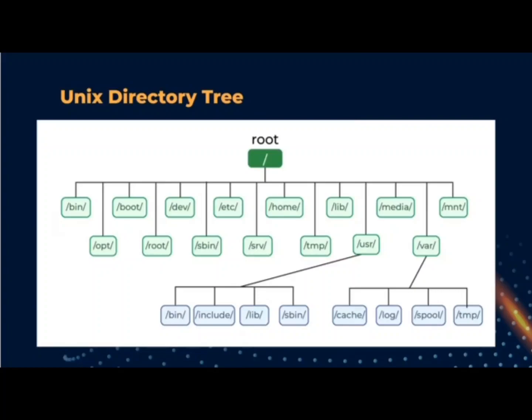This is the Unix directory tree, and as you can see there is root at the top of the tree, represented by the slash, and from the root the files and directories are derived.